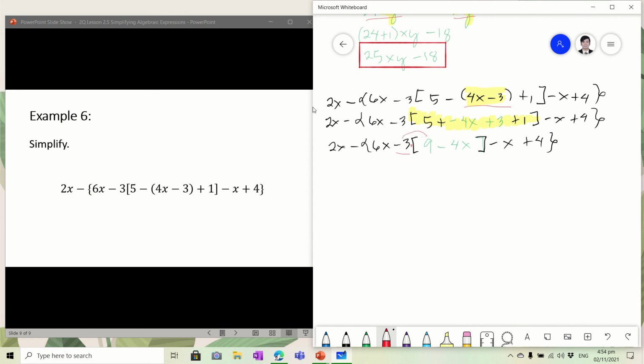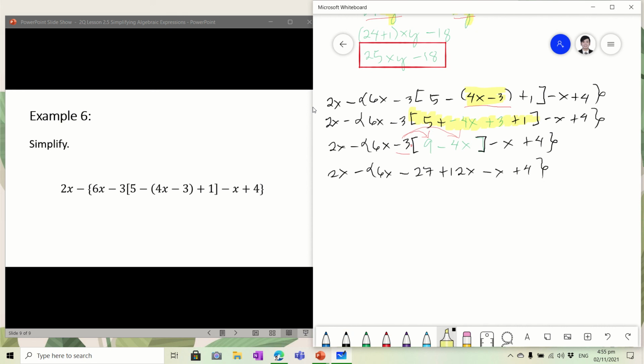So negative 3 times 9, then you have to distribute it as well to negative 4x. So negative 3 times 9 is negative 27. Negative 3 times negative 4x is positive 12x. Since you're done distributing, the bracket will be erased already.